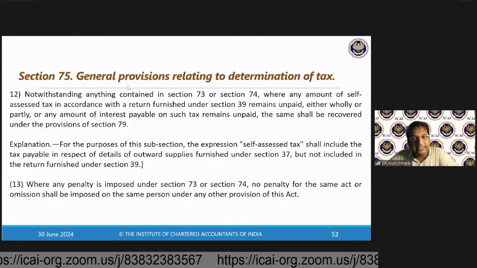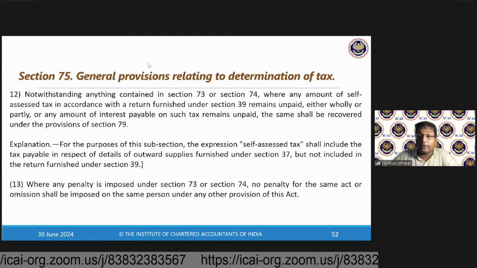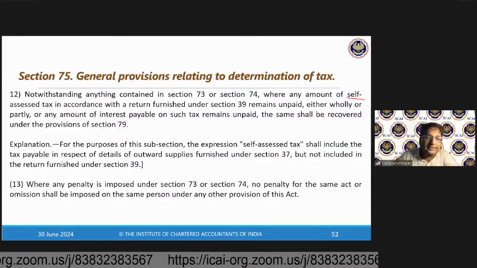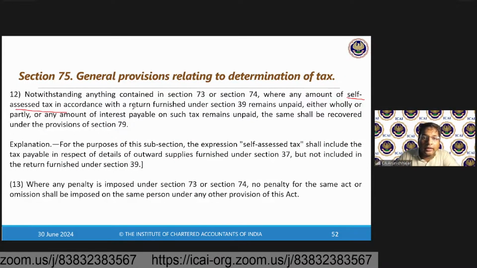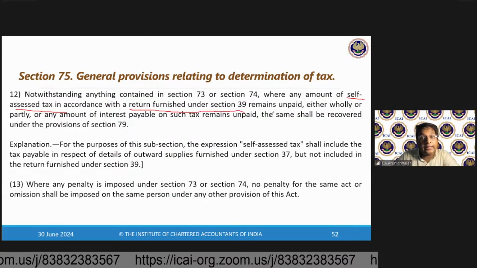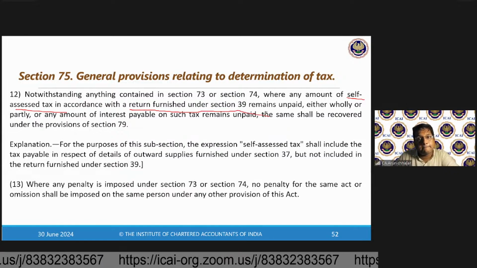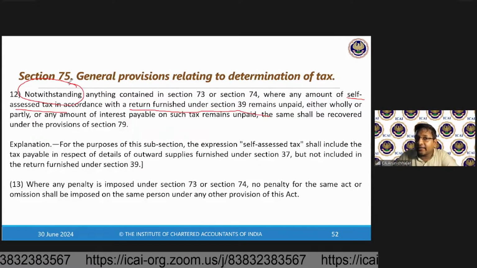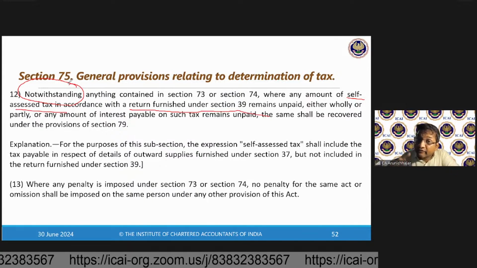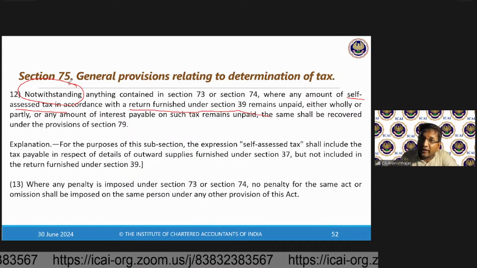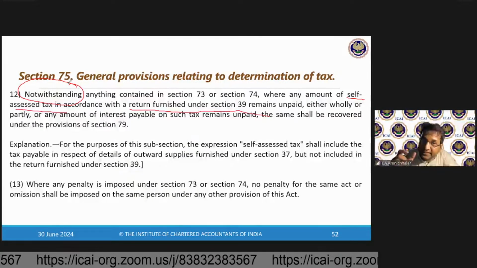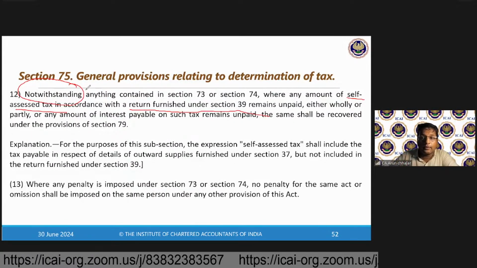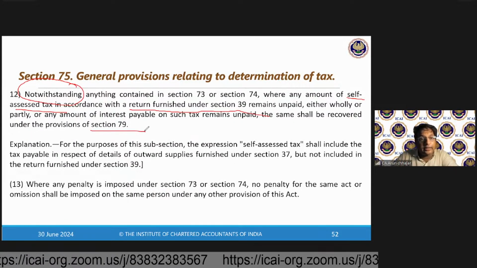Notwithstanding anything contained in 73, 74, very, very, very important. They are saying where any self-assessed tax in accordance with the return furnished under section 39 remains unpaid. Please note, it is using the words notwithstanding anything contained. It means even after the expiry of 3 year or 5 year, self-assessed tax can be recovered under section 79.